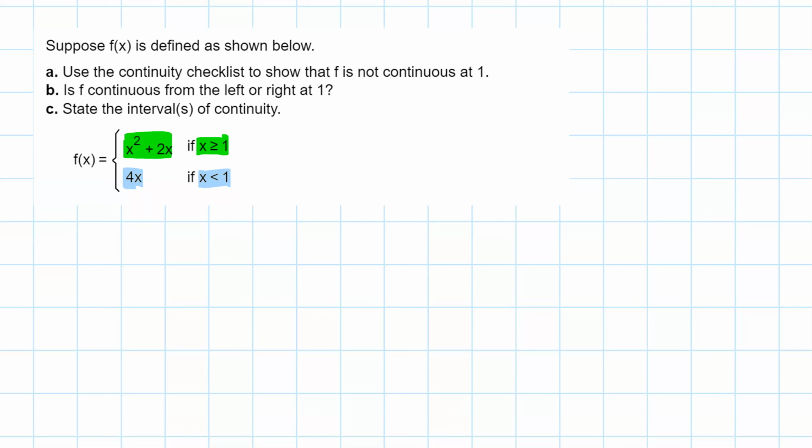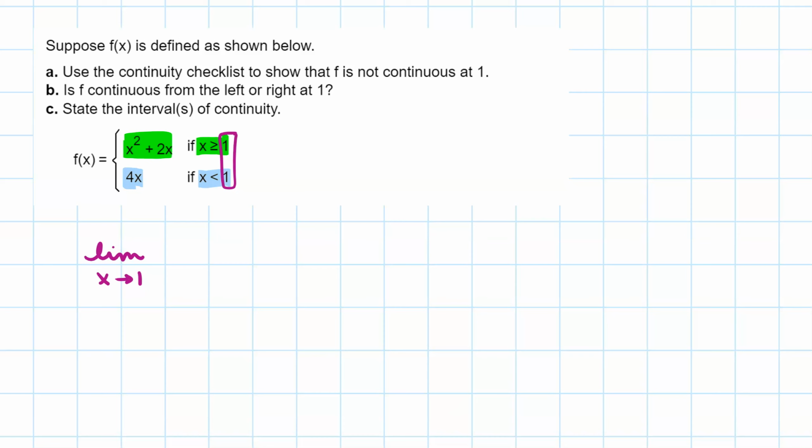So the only thing that we really need to consider is when x is 1. Okay, so if we come to 1 from the right, so we want to go towards 1 because, again, that's the only point that there could be a break.